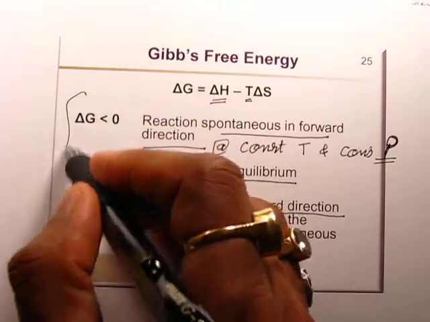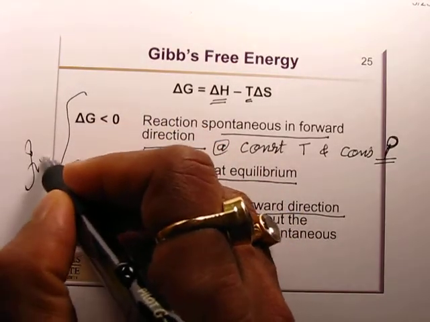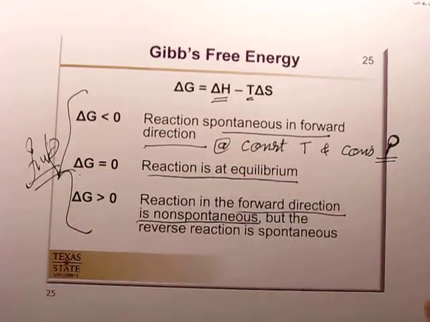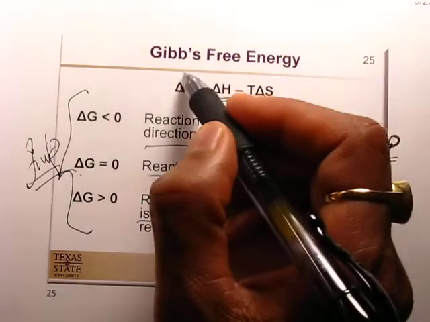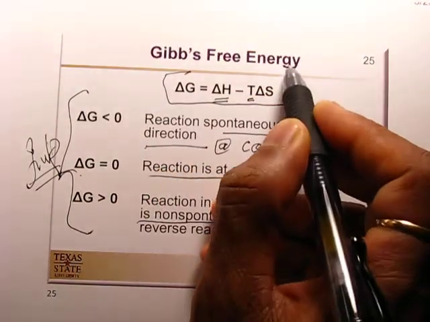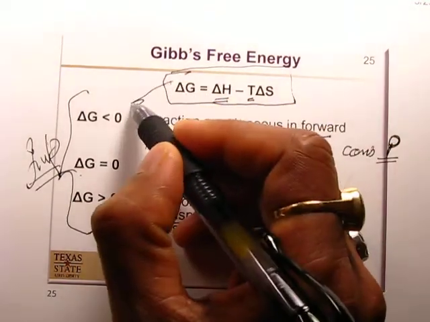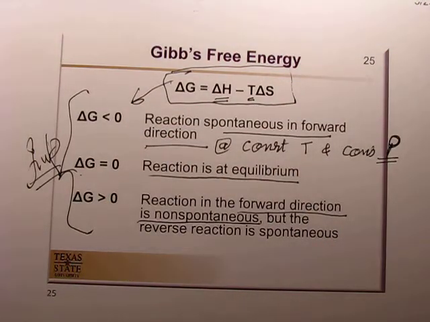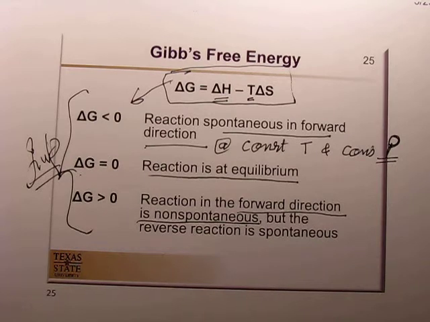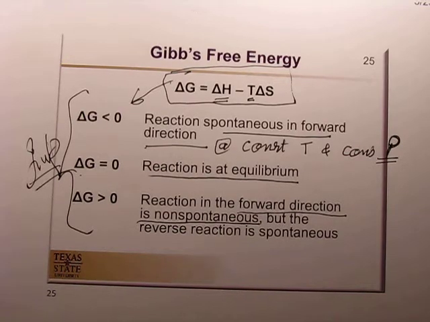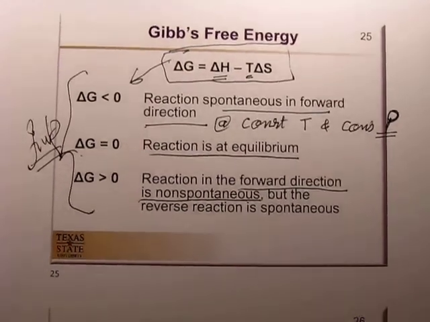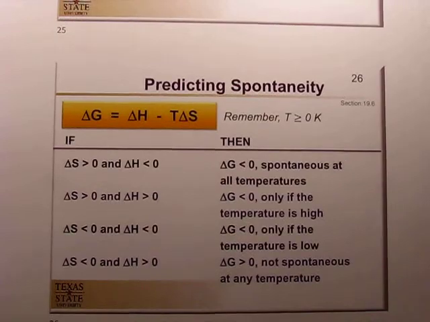So these are the three very important results from the Gibbs free energy equation, how we can predict whether the reaction would be spontaneous or not.